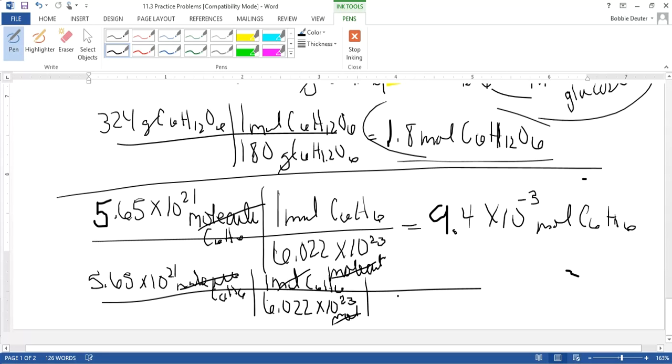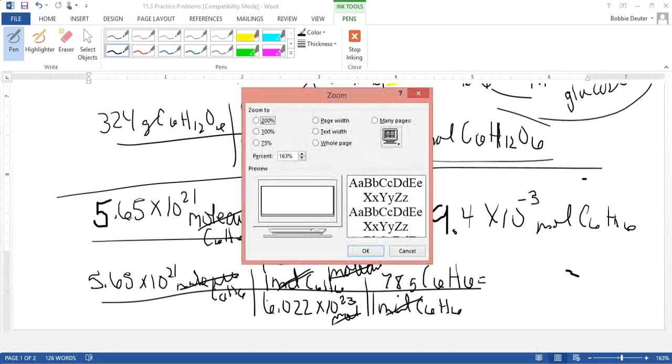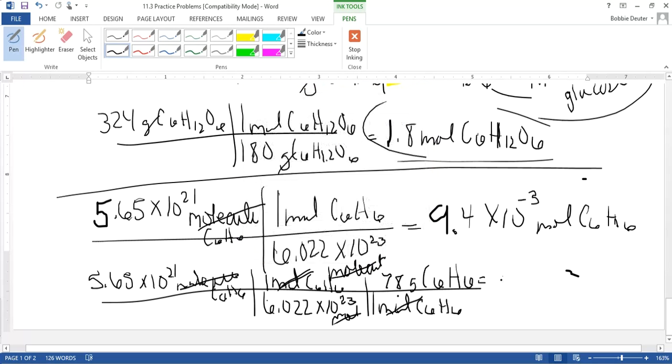We want to cancel moles out, so 1 mole of benzene goes on the bottom. And then we put the molar mass of benzene up top again. 6 times 12 plus 6 times 1, you get 78 grams of benzene. Multiply the top, divide it by the bottom. And in this case, you're going to get 0.73 grams of benzene.